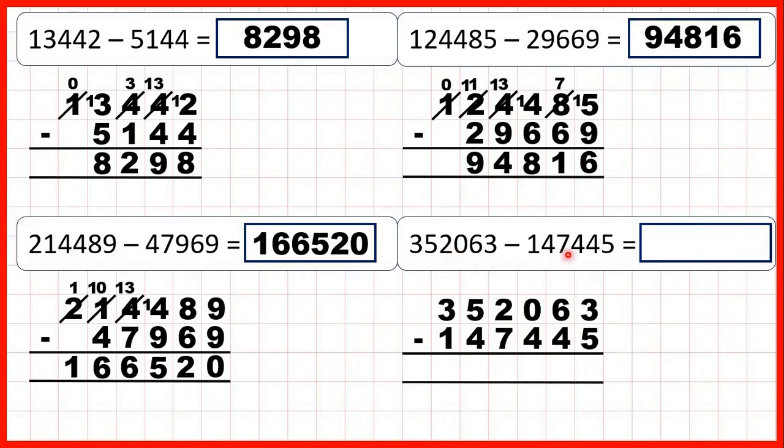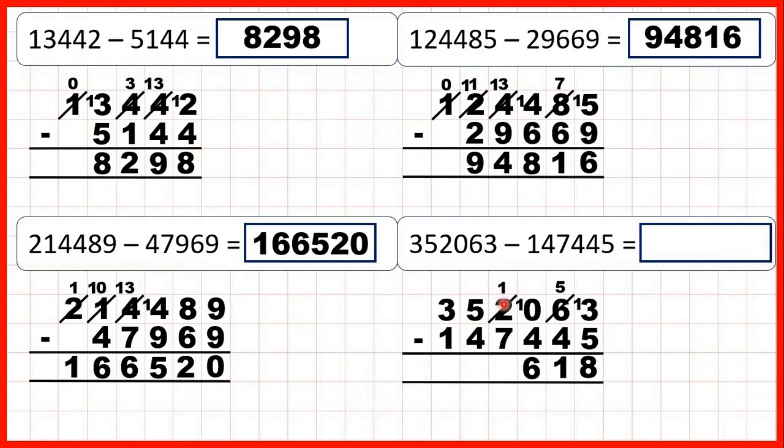So for our last question, we have 352,063 minus 147,445. 5 is larger than 3, so go to the left, 1 less, 1 in front, and now 13 minus 5 is 8, 5 minus 4 is 1, 4 is larger than 0, so we can't do 0 minus 4 using the column method, so again, go to the left, 1 less, 1 in front. 10 minus 4 is 6.